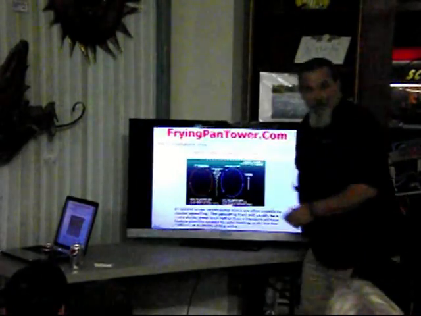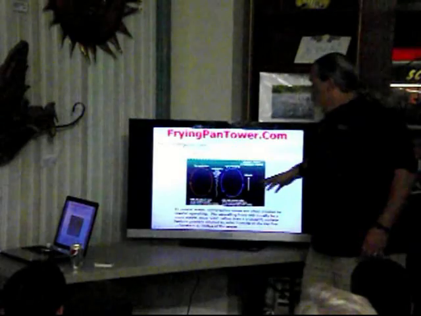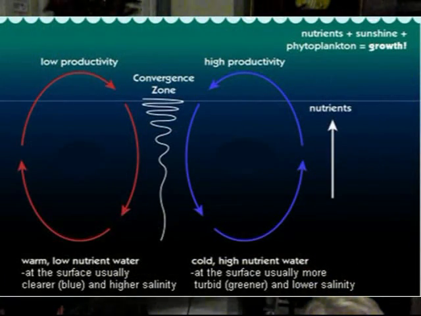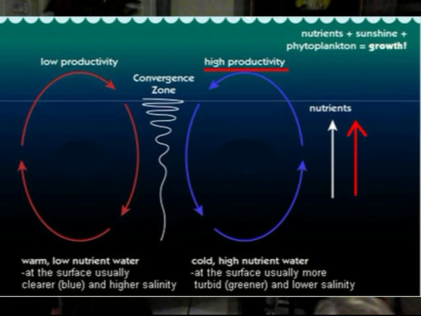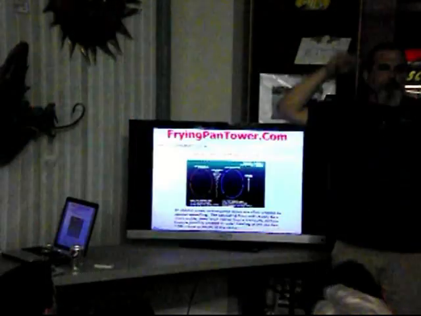Get over here to the side so y'all can see a little bit better. On one side of this, you've got high productivity water. By high productivity, I'm talking about there's an upwelling that's dragging nutrients off the bottom up to the surface of the water.